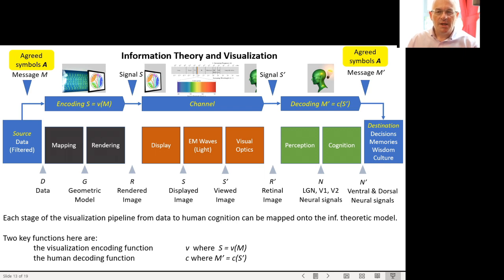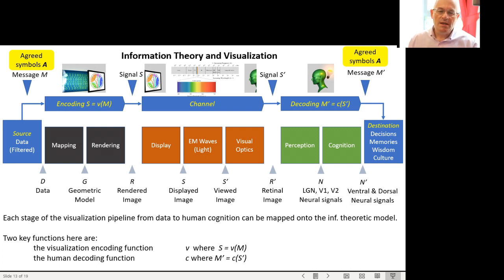In the middle, that display turns the image into light waves, which are transmitted through space, through the visual optics and into your eye. And then the decoding part, the human being part, sees, detects and perceives it, and starts to understand it. It goes through the visual cognition system and ends up in memories and wisdom and culture.